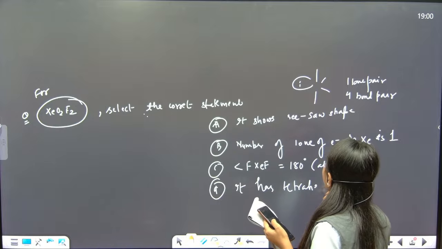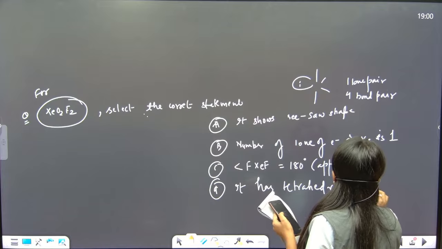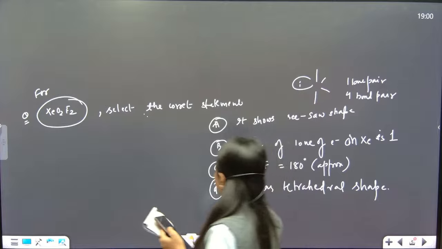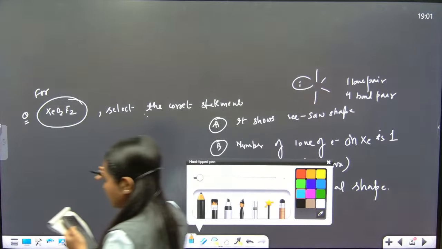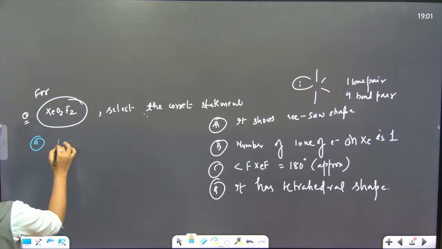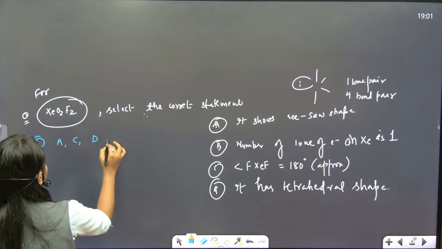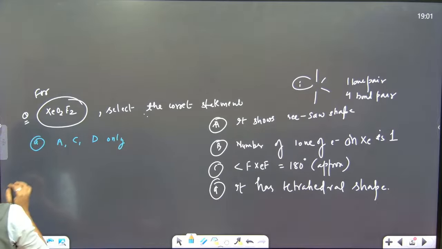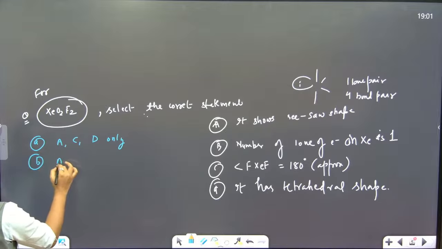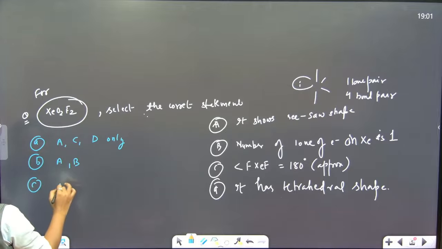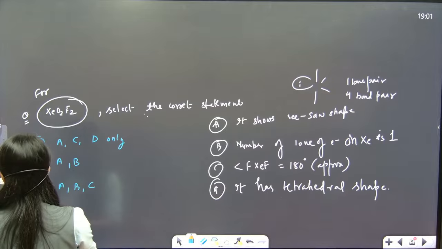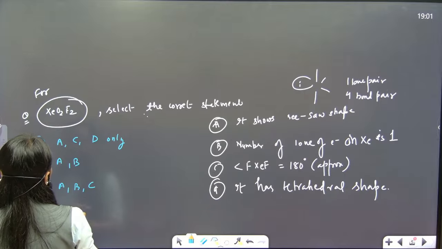So they have given these four statements, and the options are A, C, D only, then A and B, then A, B and C, and then B, C and D.